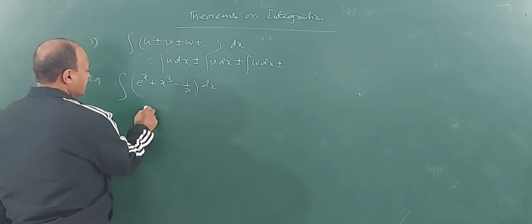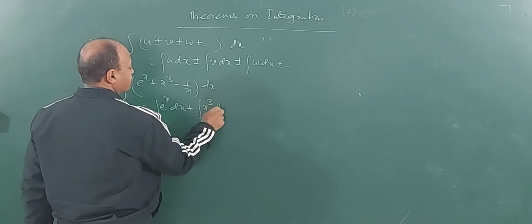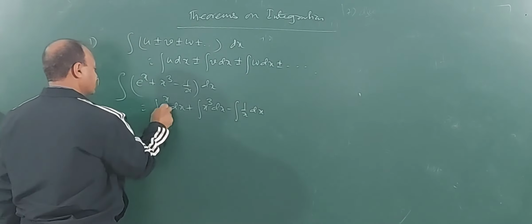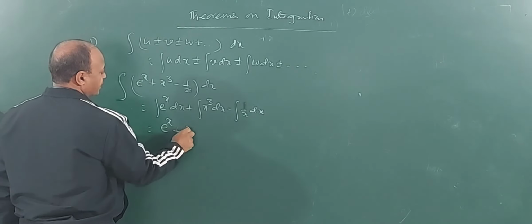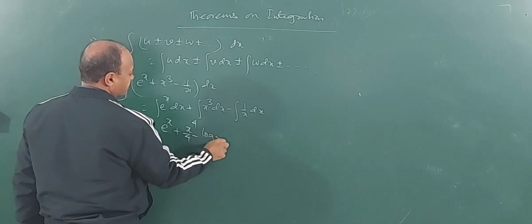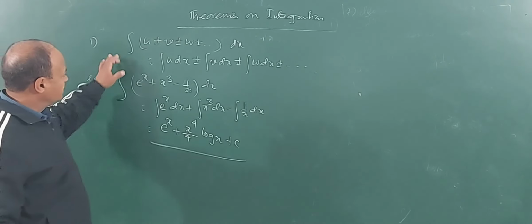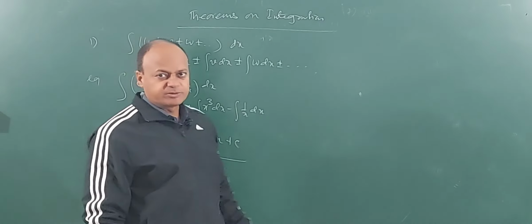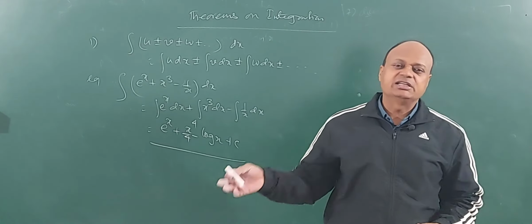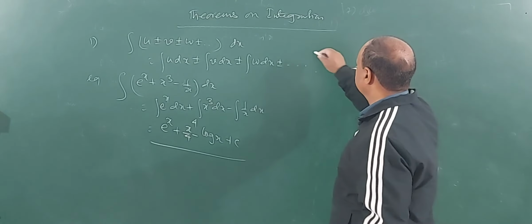That will be equal to integration of e to the power x plus integration of x cube minus integration of 1 by x. Integration of e to the power x is e to the power x, x cube is x to the power 4 by 4, and integration of 1 by x is log x, and then in the end what will you write? Plus c. Clear? So this is the first theorem that you have to remember, that if an integrand consists of many terms, then we will integrate individual terms. If it is plus, then plus, minus, then minus. Okay. Let us see number 2.